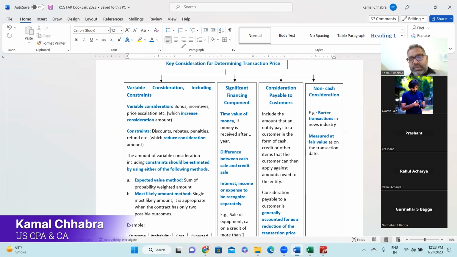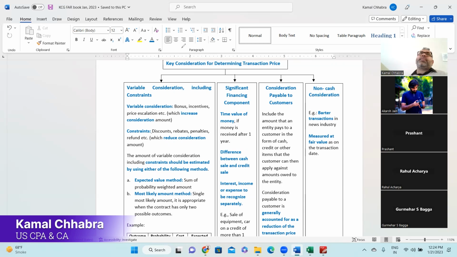Where in the sales transaction a significant financing component is involved, you need to segregate that financing component and recognize it as interest income or finance income rather than your business income, rather than your operating income.